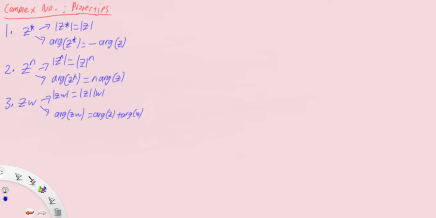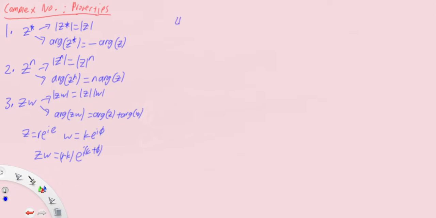Why is that so? When you have zw, you get rk e^(iθ) times e^(iφ), which will give you e^(i(θ plus φ)). So that's why the argument is arg z plus arg w, θ plus φ.